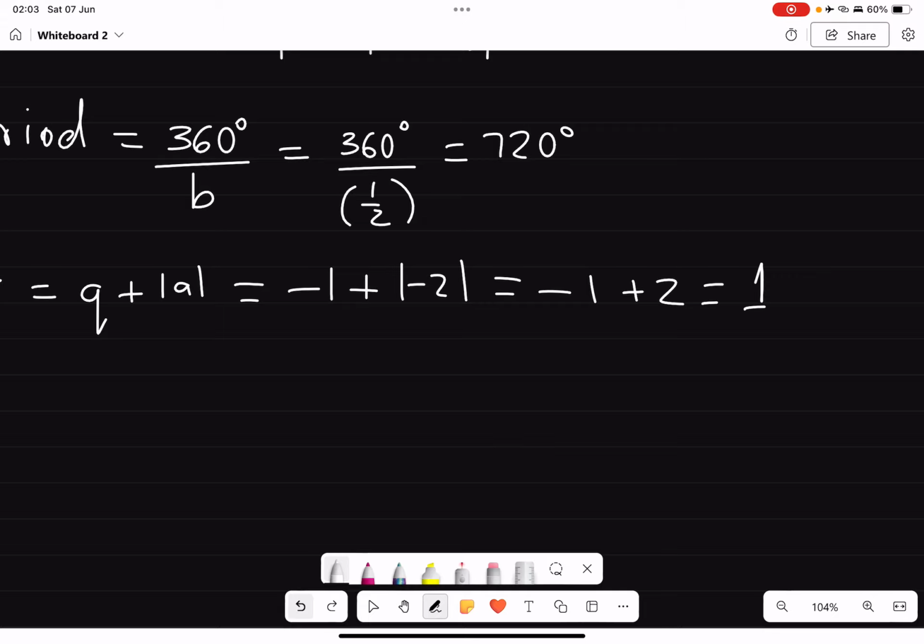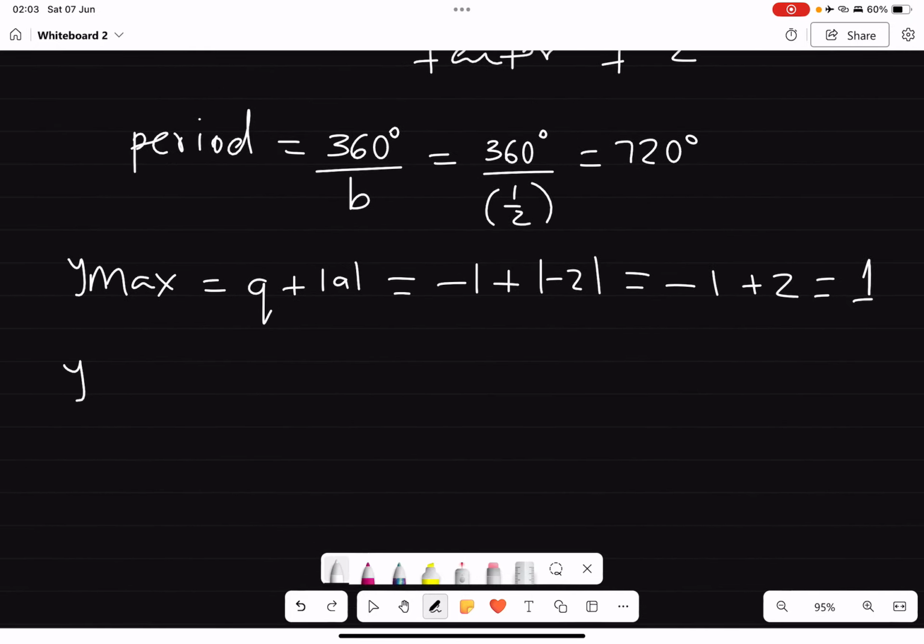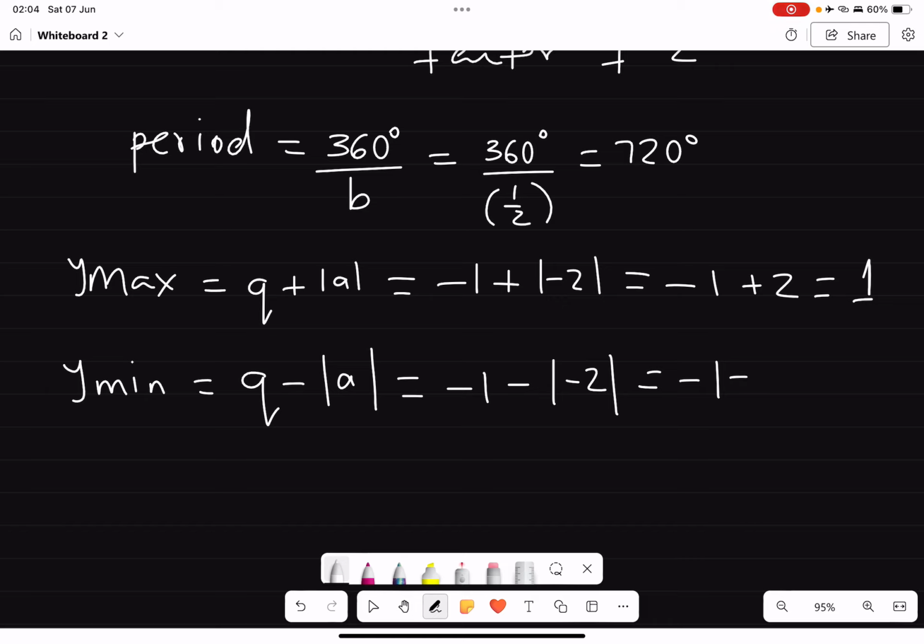Alrighty. Now we're going to do ymin. We have a maximum value of 1. Let's see the minimum. You have q minus the absolute value of a, which is the amplitude, which gives us -1 minus the absolute value of -2, which will give us -1. There's a negative outside.